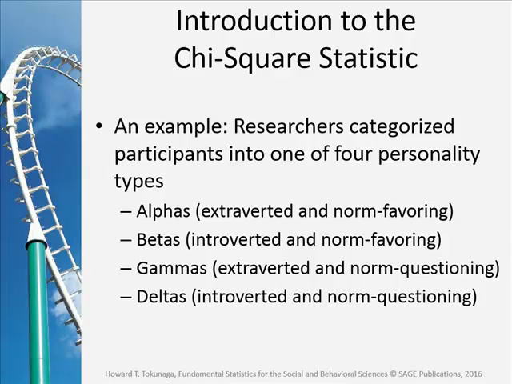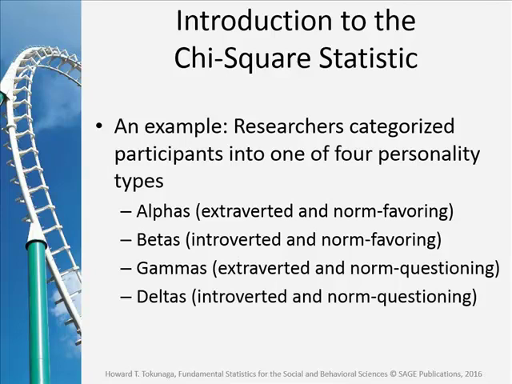So in this example, let's imagine that we've got a bunch of students and we categorize them into these 4 categories. People who have alpha personalities are extroverts, which means they like people and they're comfortable in situations with other people, and they favor norms. Norms is just a fancy word for rules.